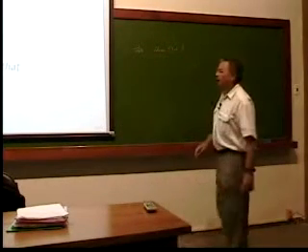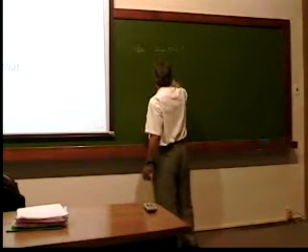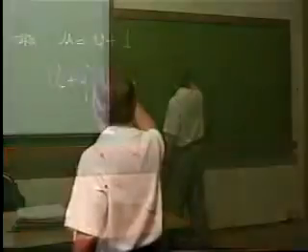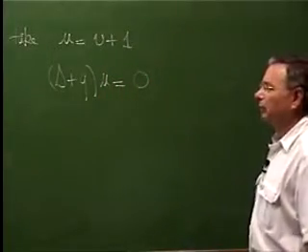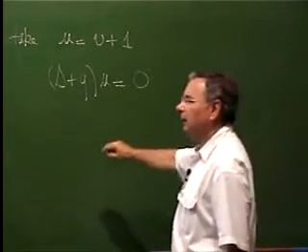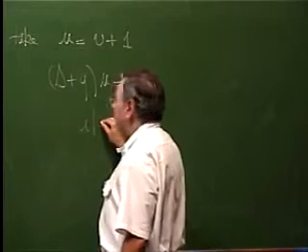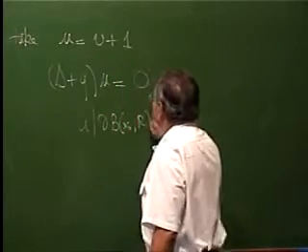So if I did things right, one should have that Laplacian plus Q of U is equal to 0, and U on the boundary is equal to 1.